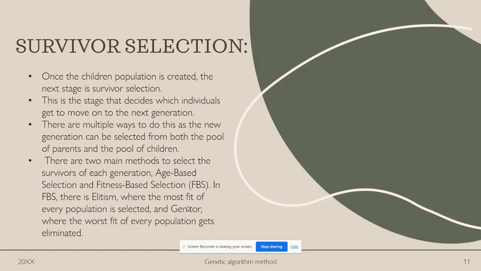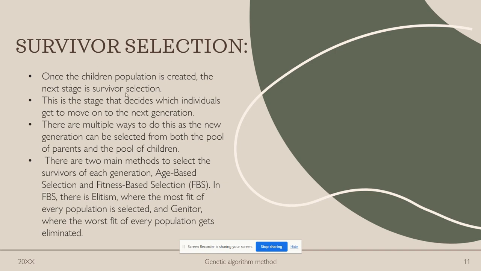And finally, we already know about survivor selection. In survivor selection, we find out the fitness of the given population. If the survivor criteria is met, we will stop here.